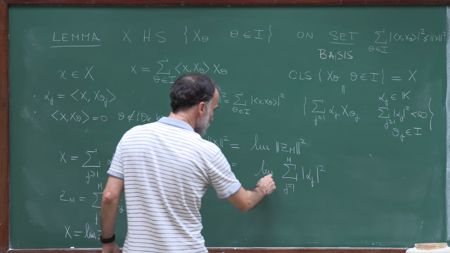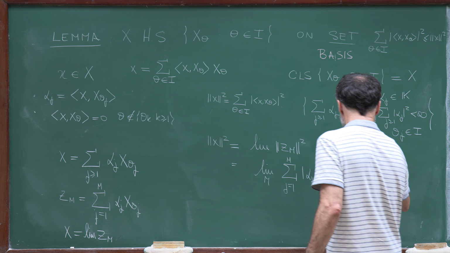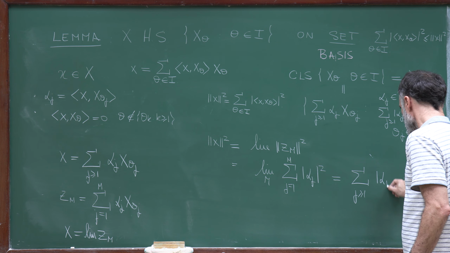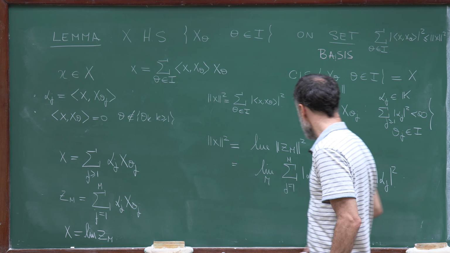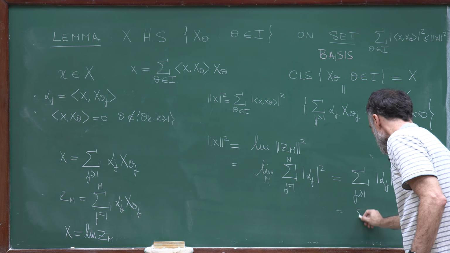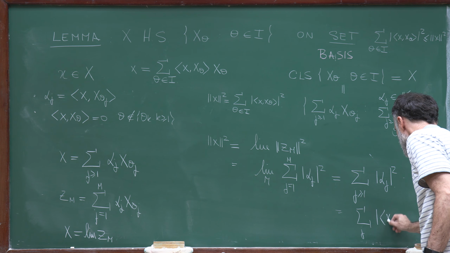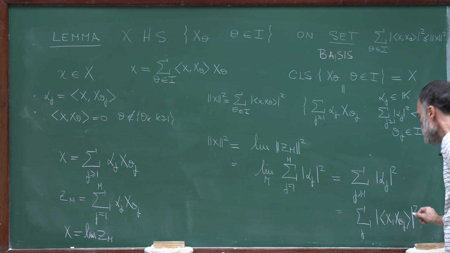And the limit in m of this expression is the infinite sum. So this is equal to the sum for j larger than 1 of alpha j squared, but alpha j is the scalar product of x with x theta j. So this is equal to the sum in j of the scalar product of x with x theta j, squared.